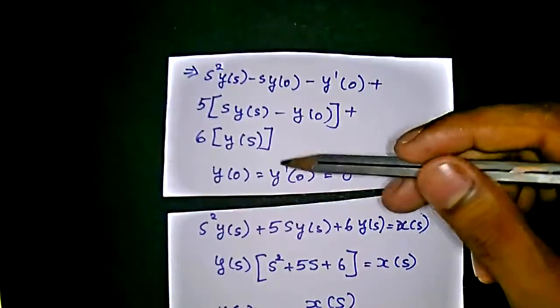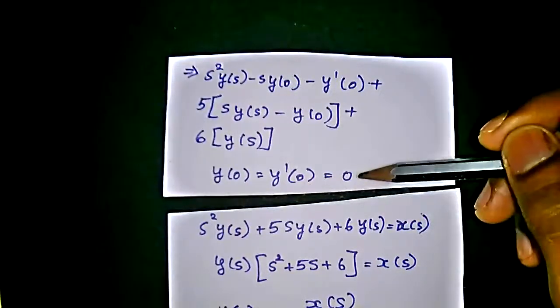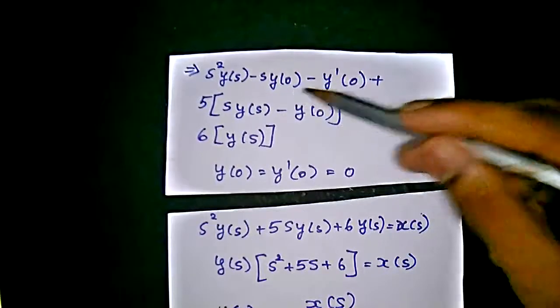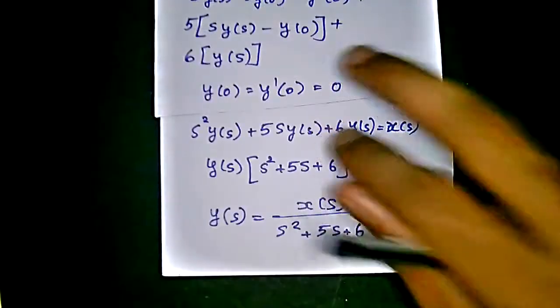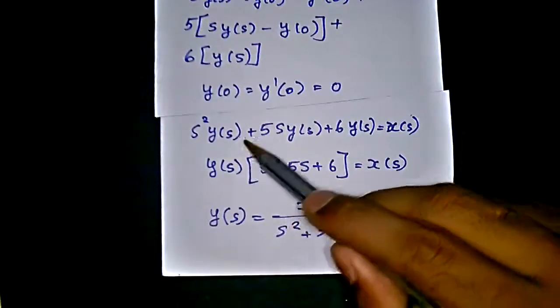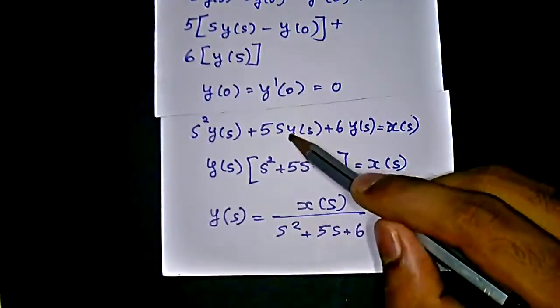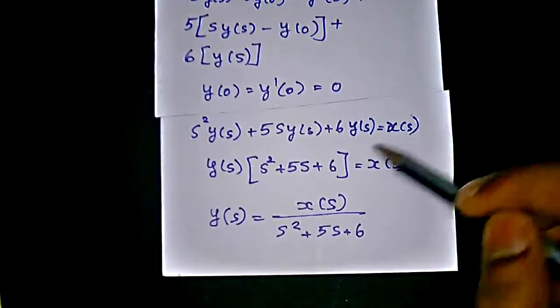Since y of 0 and y dash of 0 are 0, we eliminate those terms. The equation becomes s squared Y of s plus 5 s Y of s plus 6 Y of s equal to X of s.